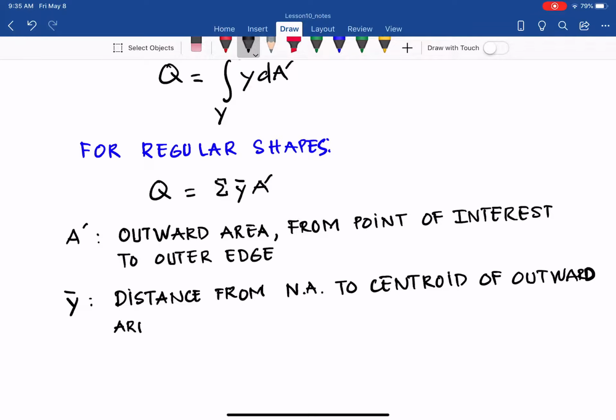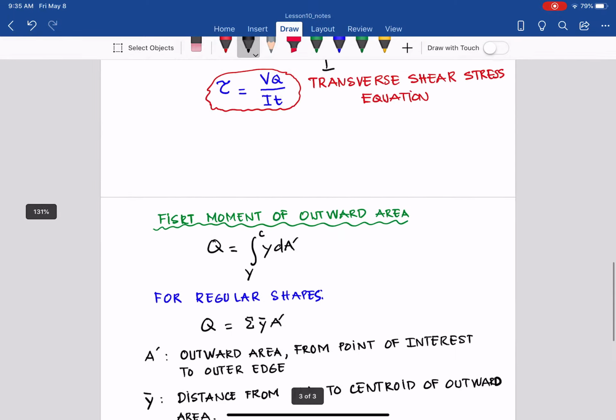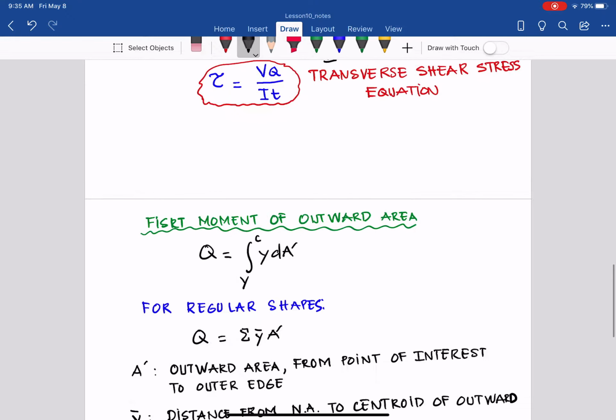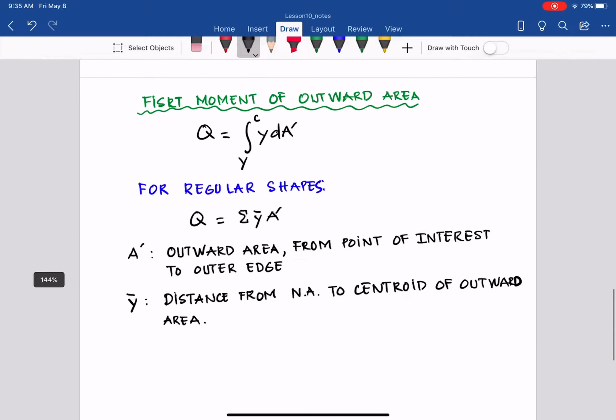Normally I see many people confused about finding it. The biggest challenge I can see is how to find Q so that we can apply VQ over IT equal to tau, the shear stress. So the most challenging part is Q, and this definition is very important.